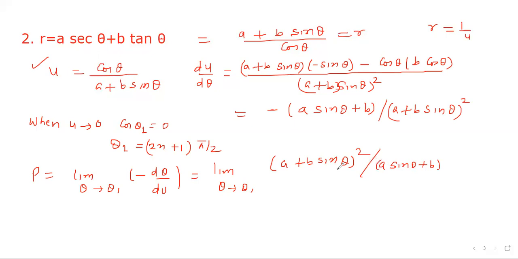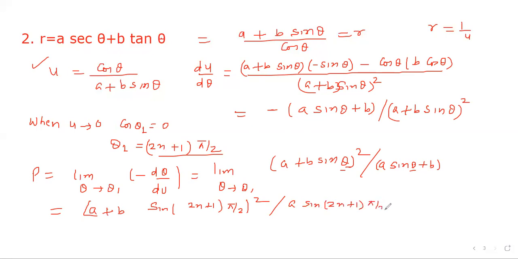Now, we put the value of theta as 2n plus 1 pi by 2 here and here. So we will get p equal to a plus b sine 2n plus 1 pi by 2 whole square divided by a sine 2n plus 1 pi by 2 plus b.